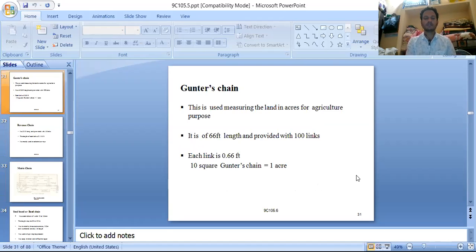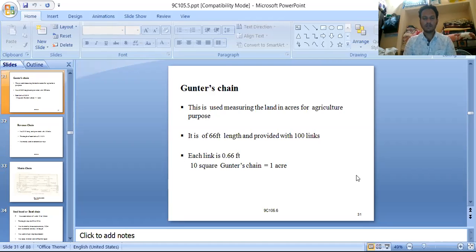And we will have Gunter's chain. This is used for measuring lands in acres for agriculture purpose. It is of 66 feet length, provided with 100 links, which means each link length is 0.66 feet.